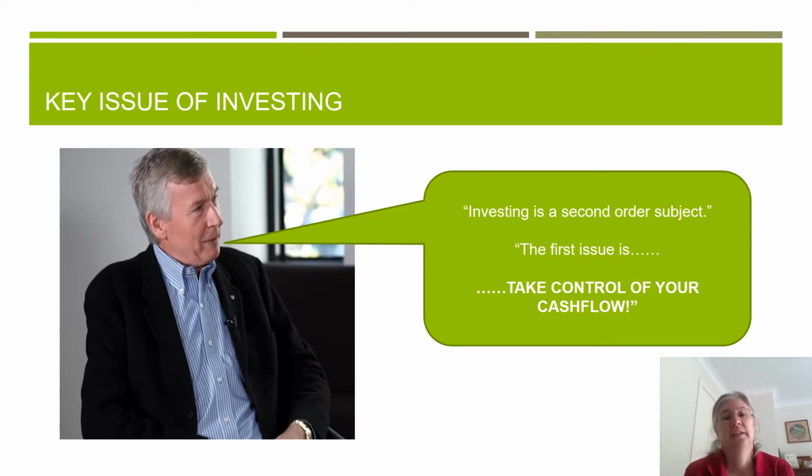So here they're saying investing is the second order subject. The first issue is take control of your cash flow. To be able to invest, first of all, you need to be able to meet your everyday bills, should have insurances, emergency buffer, all these different things need to be in place. The cash flow has to be under control first.